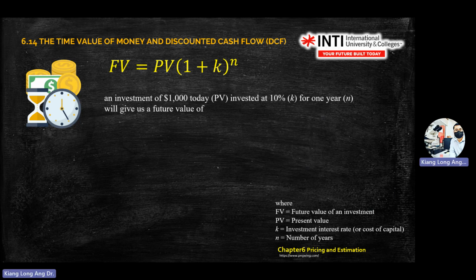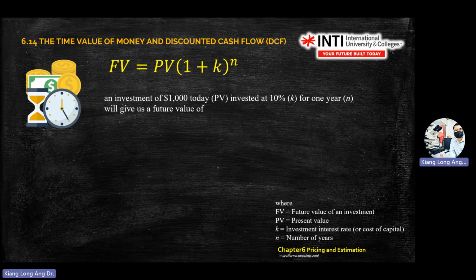Okay, so example, with the investment of $1,000 today. If you see the word today or current value in the question, then that is a PV, a present value. PV is 1,000, invested at 10%. 10% is an investment interest rate. Okay, investment interest rate in the question, you see percentage 10% for 1 year. 1 year is N. Will give us a future value of how many?